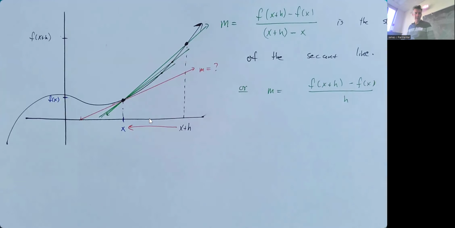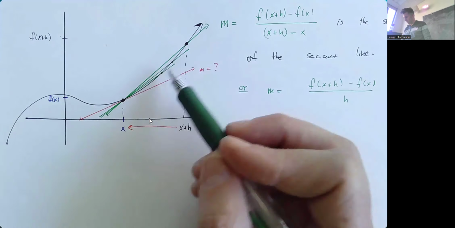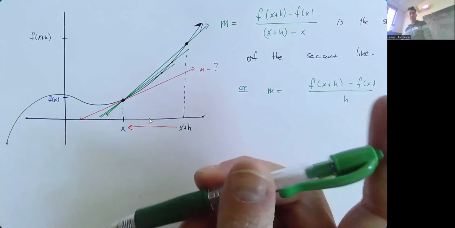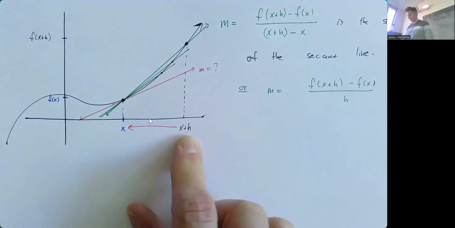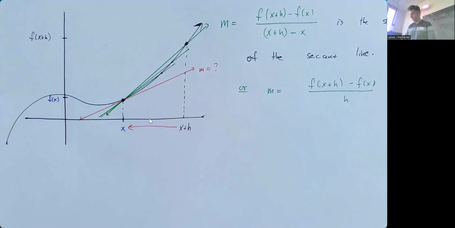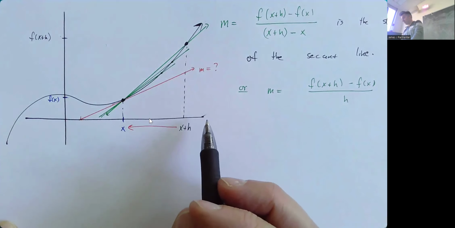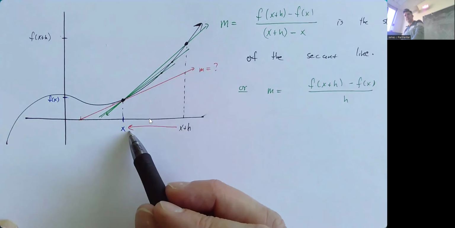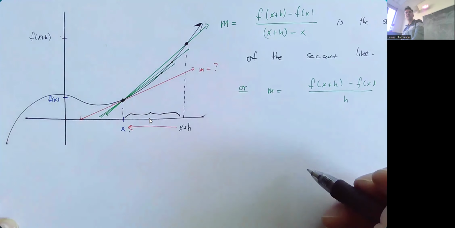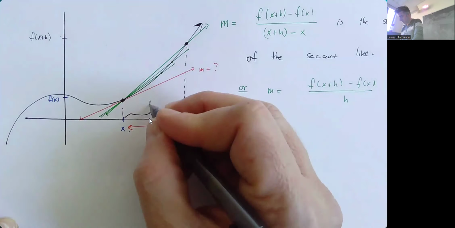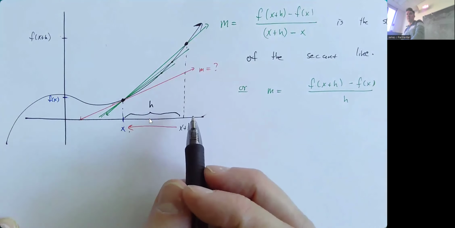You can kind of see that, right? See how as these points get closer, the slopes of these lines get closer and closer to the slope of the red line. So for this x plus h to get closer and closer to x, first of all, what's the distance or difference between x plus h and x? Right. So if I want that point to get close to that point, this distance between them has to get smaller and smaller.